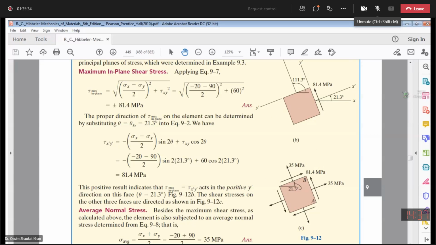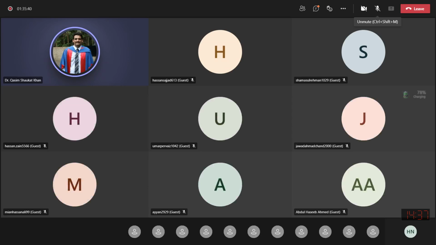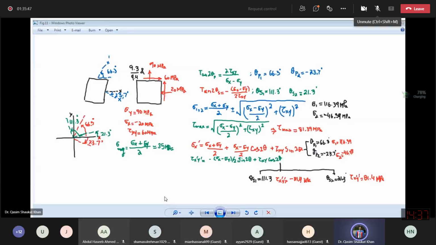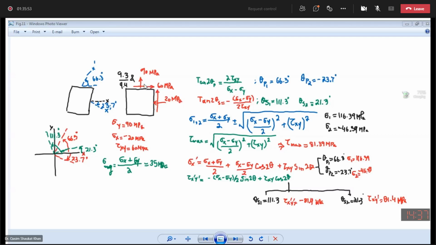One more thing I want to show you quickly. So this is all what you have done in examples 9.3 and 9.4. You had sigma y 90 megapascals, sigma x minus 20 megapascals, tau xy 60 megapascals.